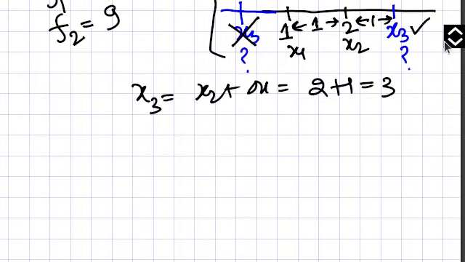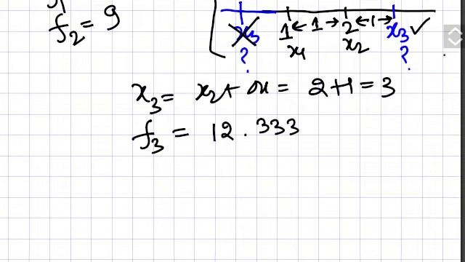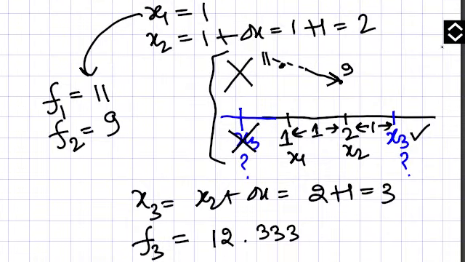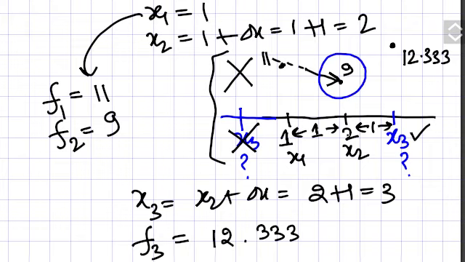And now we will calculate the value of function at x3 also, and when you calculate it, you will find that it is 12.333. So on the graph, you will find that this point is coming here. So you can say that the minimum is this. Out of these 3 points, now you have to decide the minimum, that is this point.